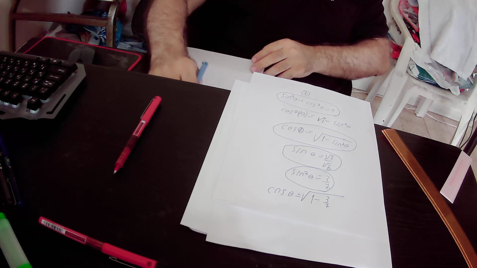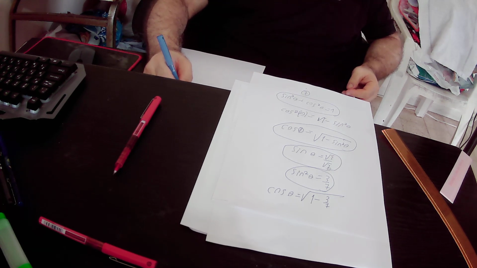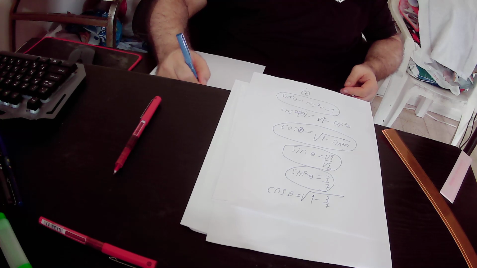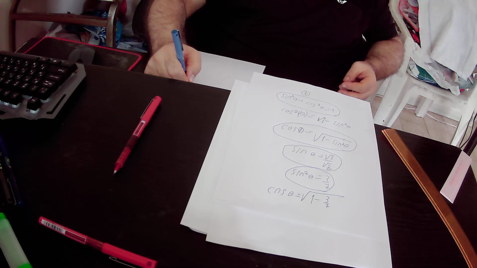So actually cosine theta will be equal to the root of 4 over 7.